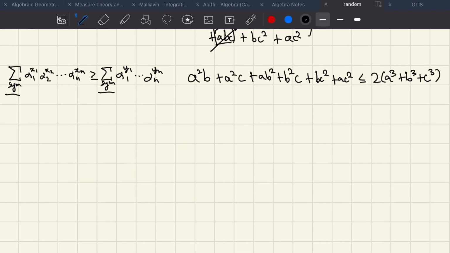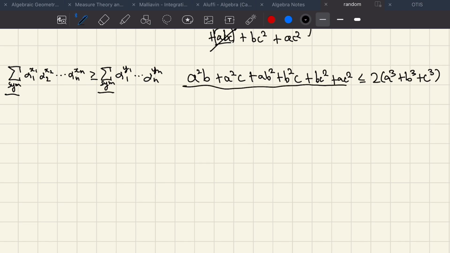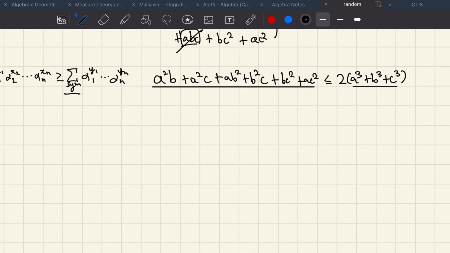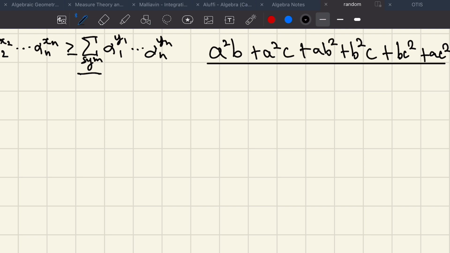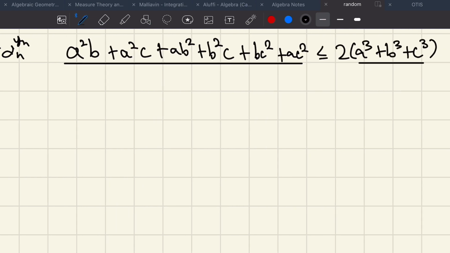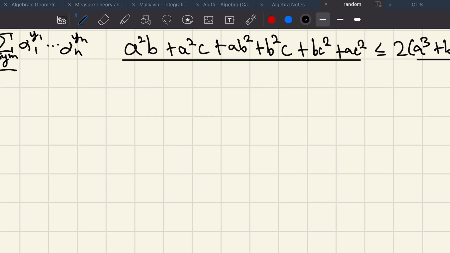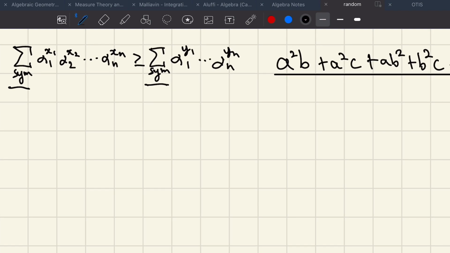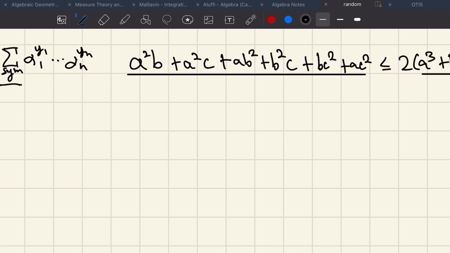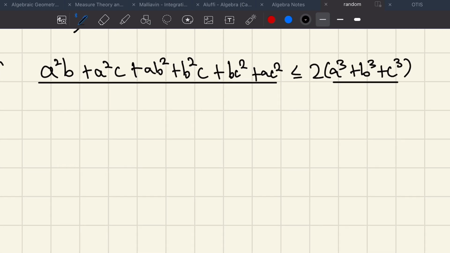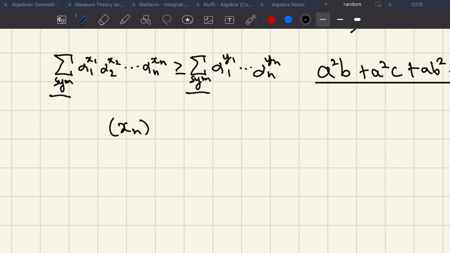So we see that these are just symmetric polynomials, and so are these. We'll make the sequence, since we want to do less than or equal to, these A cubed, B cubed, C cubed should define some type of symmetric sum of the alphas raised to the x's. So we want to find a sequence x_n where it would give us 2 times A cubed plus B cubed plus C cubed when taking the symmetric sum.